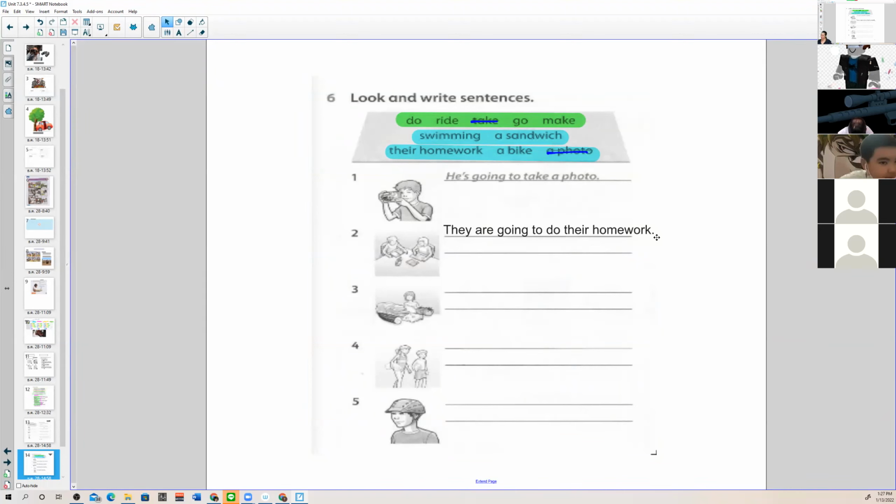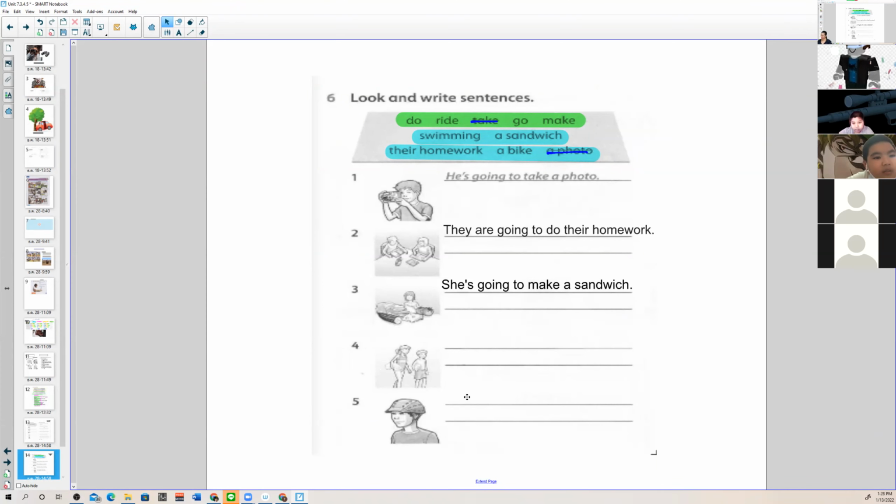What is number 3? She is going to make a sandwich. Don't forget, she goes with is. Number 4.